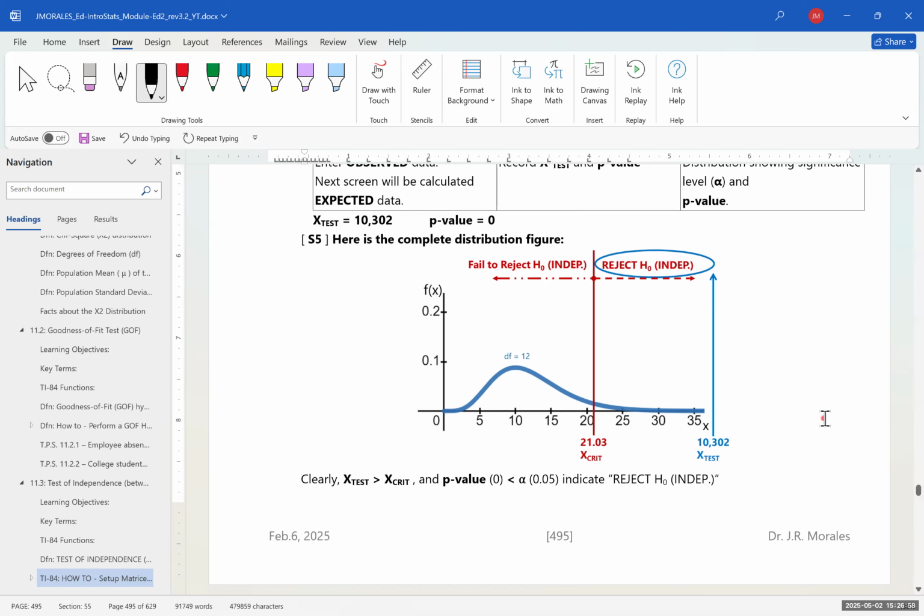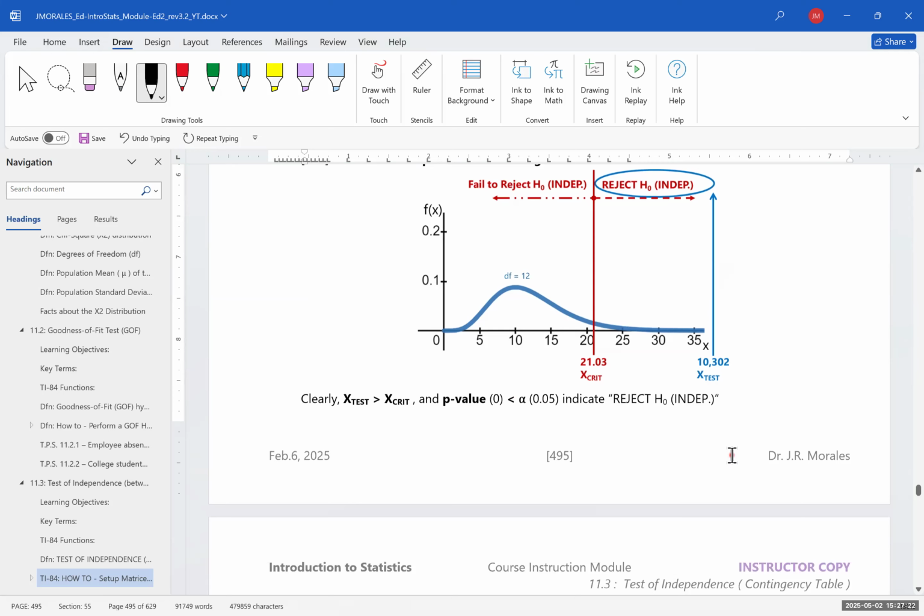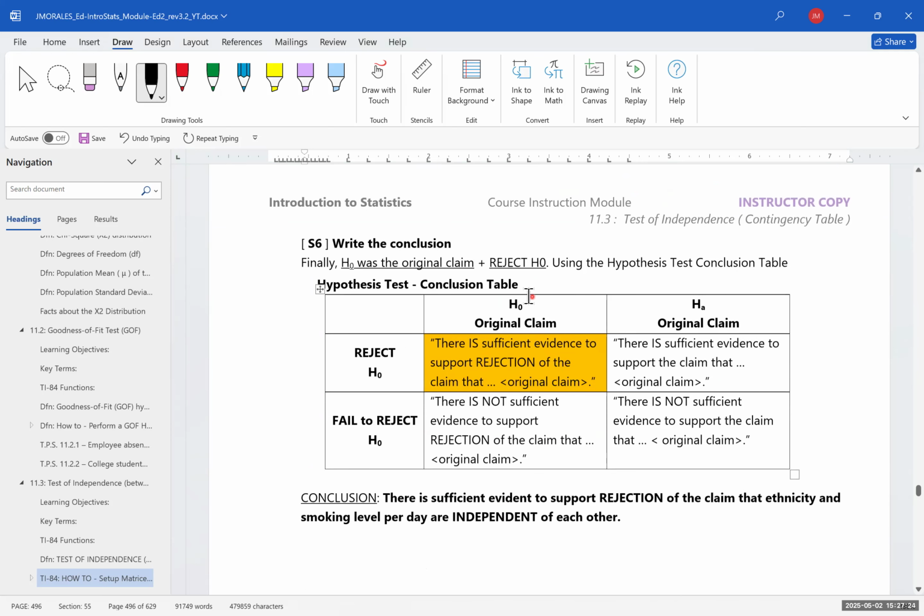That's way off to the side. So clearly, we're going to reject the null. The reason why the area was 0 is that it's so small out this way, it's effectively 0. So that certainly is much smaller than 0.05. The p-value of 0 is smaller than our significance level of 0.05. So we're going to end up rejecting the null here. The null was our original claim, and we are rejecting the null.